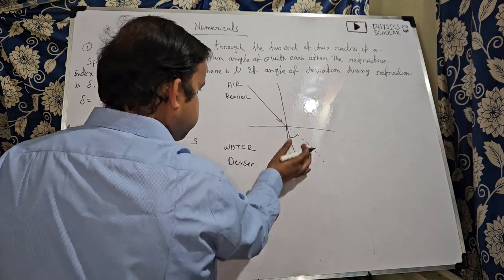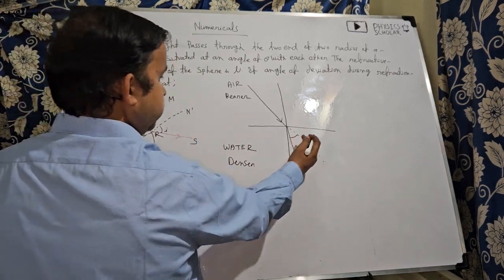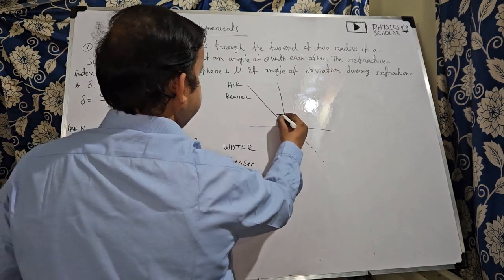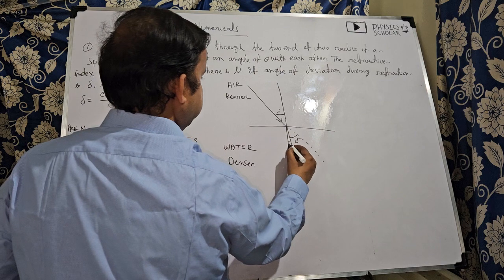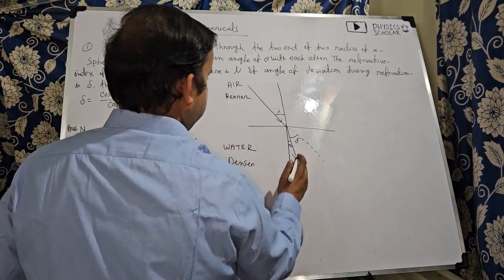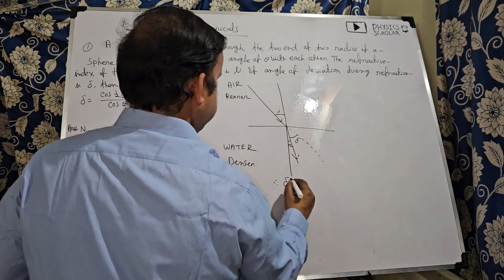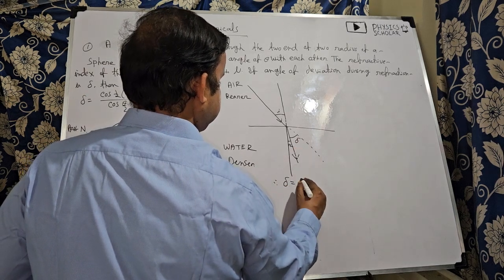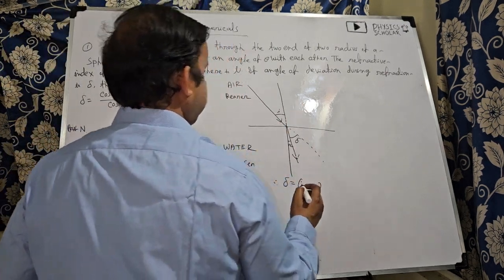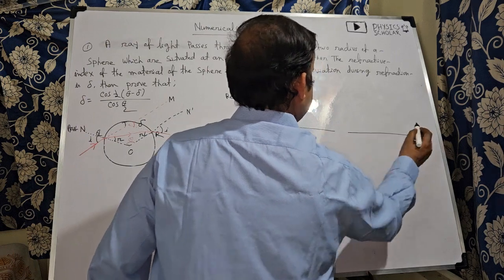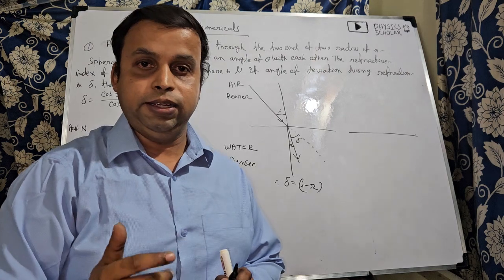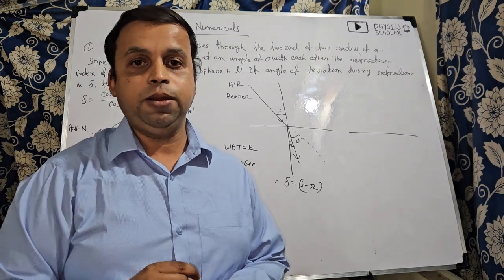Due to this medium, it is deviated by an angle delta. The angle of incidence is i, the angle of refraction is r. Delta is equal to i minus r. The deviation of light due to refraction is known as the angle of deviation.